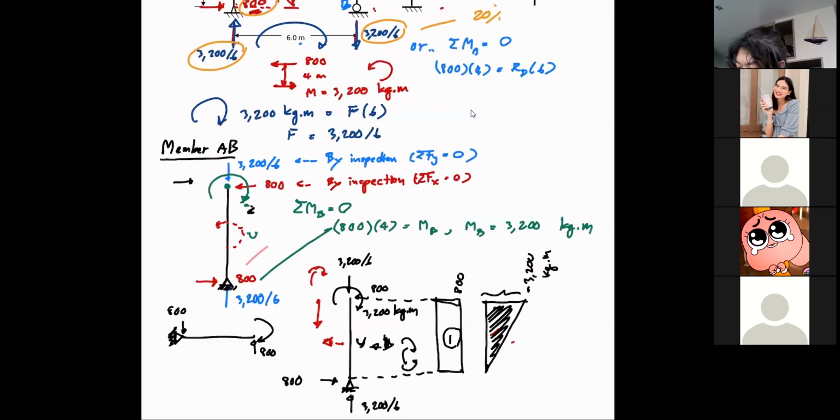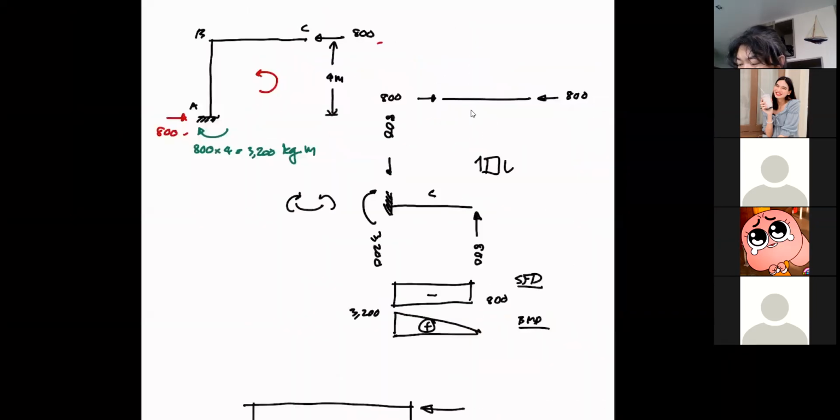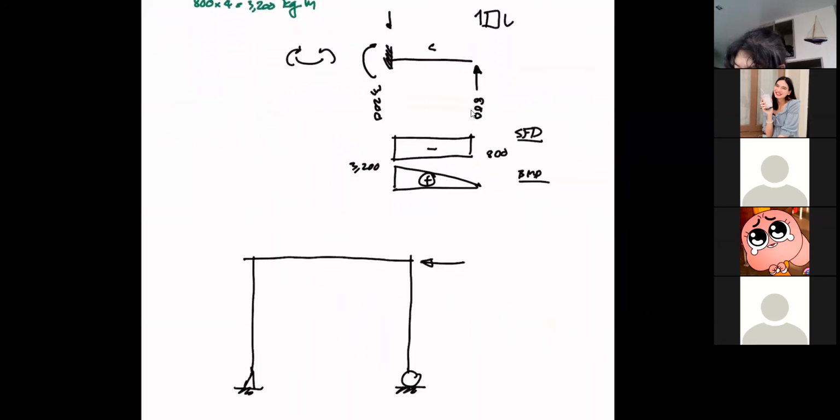So you know that your frame here must be bent like this. So that is how your member AB is going to deform. Compression here, tension outside, and because your moment diagram is like this, now I know that my member AB is going to be bent like this.